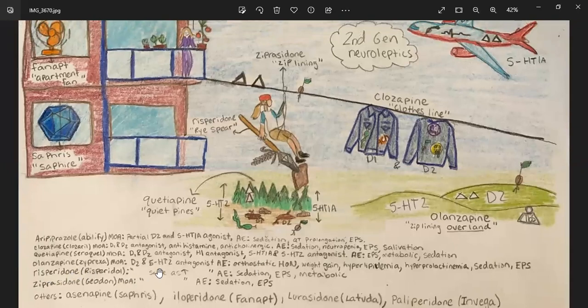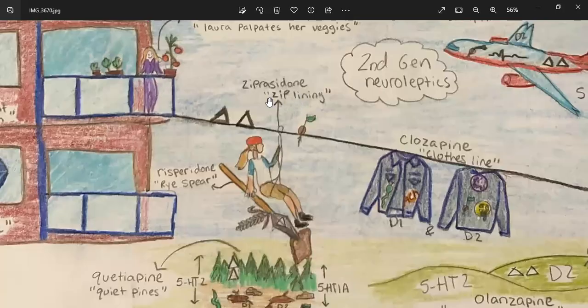And then the next two drugs have the same MOA. So risperidone and ziprasidone. So those are shown right here with the ziplining lady. So she is ziplining for ziprasidone. And then she's holding a rye spear for risperidone.